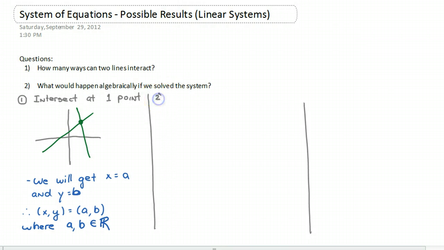Well, how else could these lines interact? The lines are parallel and never touch.